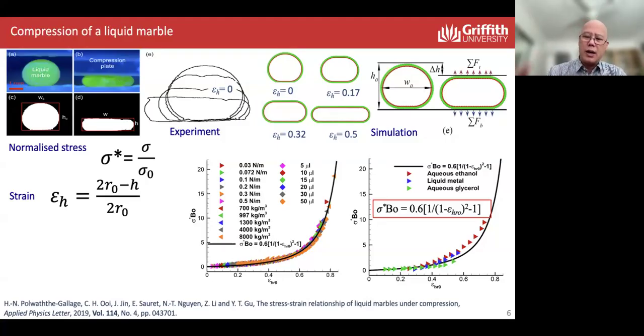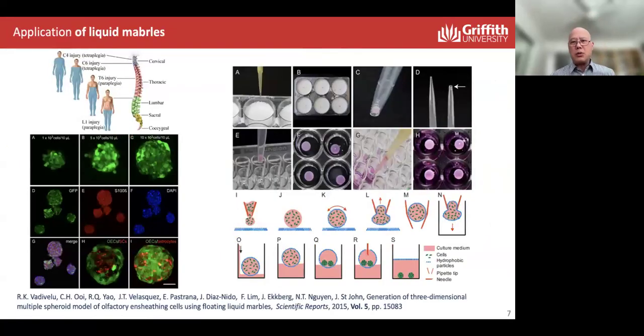You can squeeze it and release the stress, and the liquid marble comes back to the original form. And this stability allows us to handle complex things such as 3D cell culture. So in this case, the non-wetting behavior of the liquid marbles also allows cells not to attach to the wall of the droplet and forces them to form so-called spheroids.